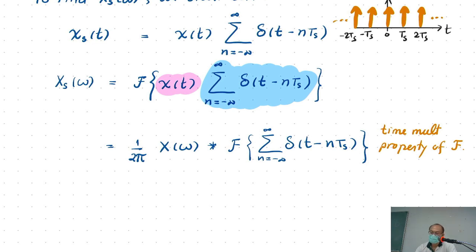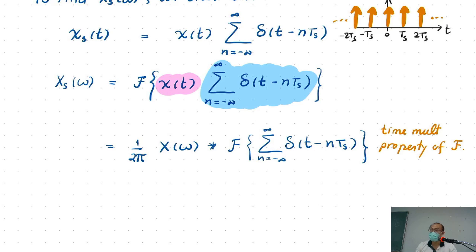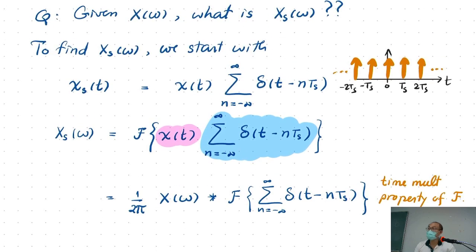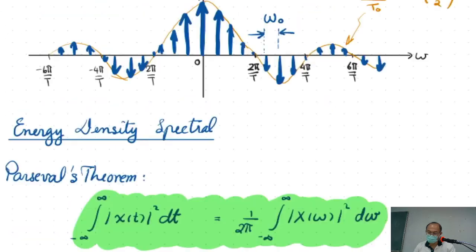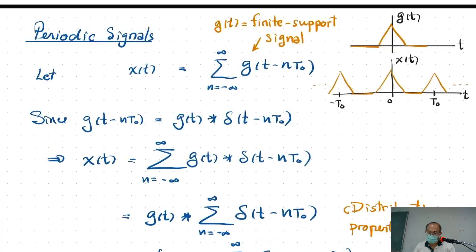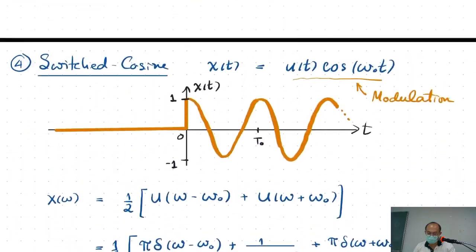Now, we have to think about this one. What is the Fourier transform of the impulse train? I think I've done it somewhere previously. Let me scroll up a little bit and find what I've done. I'm going to point out that we've seen this earlier.